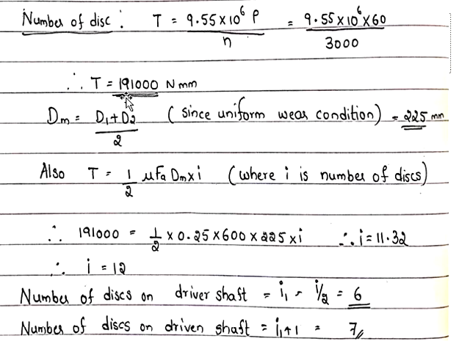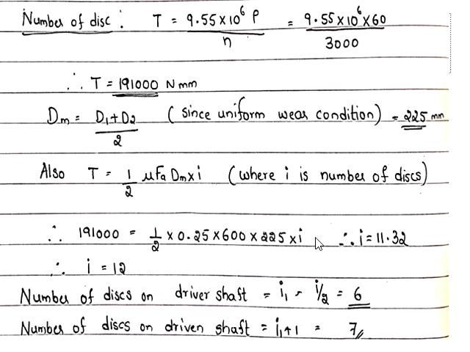You can also find the equation for torque: half mu Fa dm into i. This is equation number 13.9 C or F. In this equation, the torque value is from step number 1, mu is given in the question, Fa value 600 Newton is the given axial force, and dm is 225, the mean diameter.